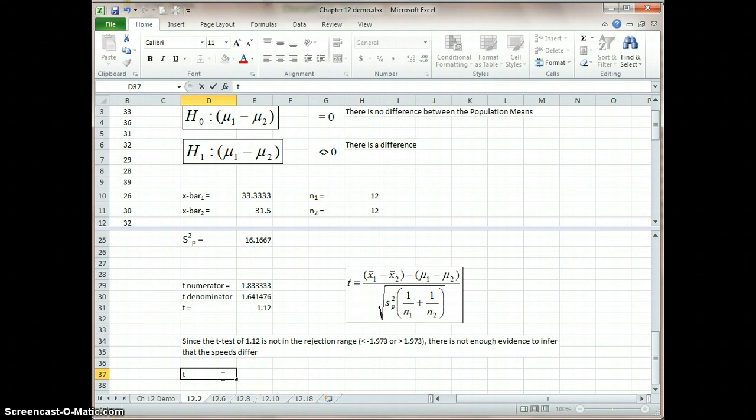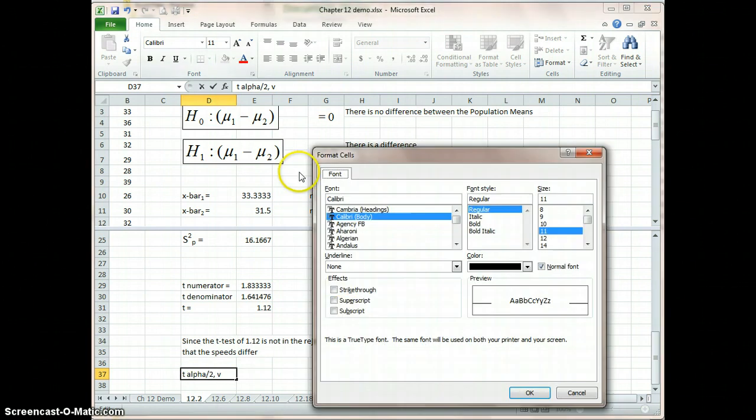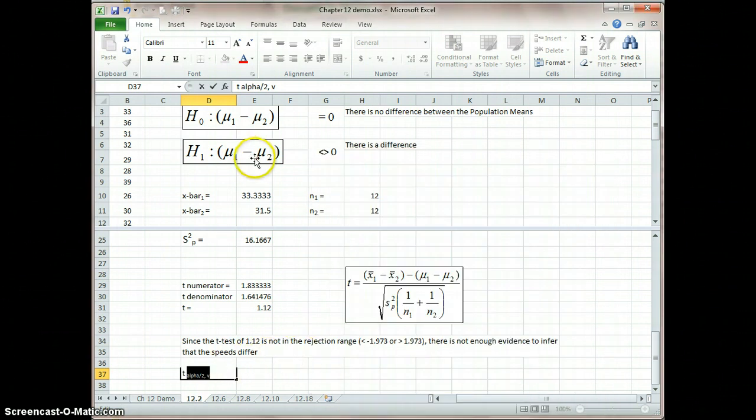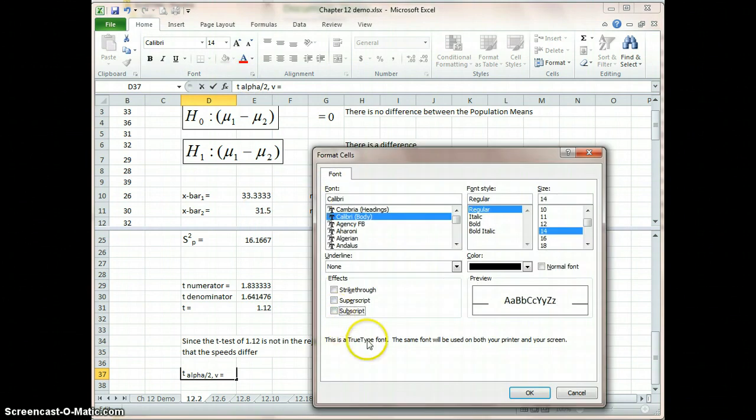So we have a t-score with alpha divided by 2 and v degrees of freedom, and I'm just going to highlight those, go up here to font, put that down to subscript, make it a little bigger, come back here, and put the equal sign.